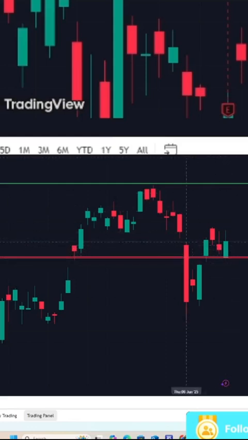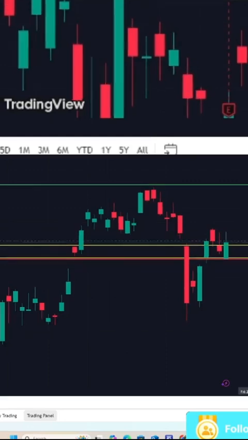And then people buy at the support. Some people will buy at the support and sell at the resistance. But this is something I will teach you another day.